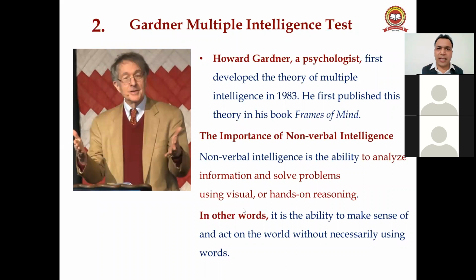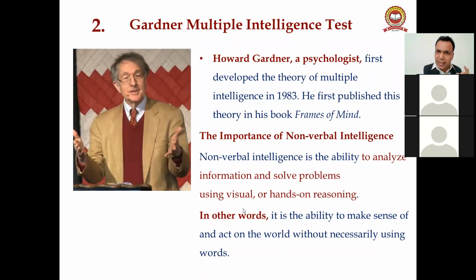Okay, we move to the second test. The second test is the Gardner multiple intelligence test. Basically, the name of the practical is non-verbal intelligence test, right? You should know that. The first practical is a verbal intelligence test. The second is non-verbal intelligence test. The third is personality inventory, and the fourth is mental health test.